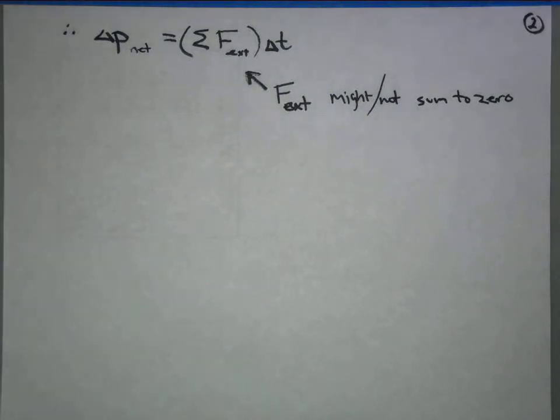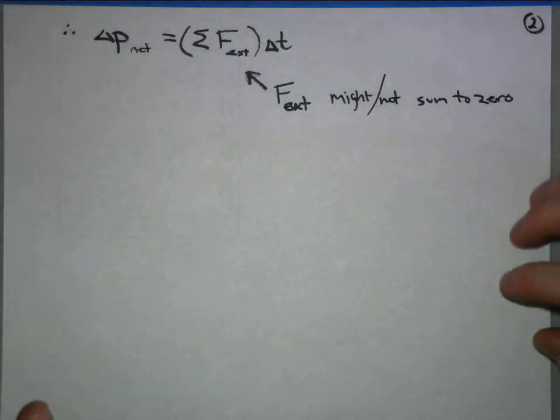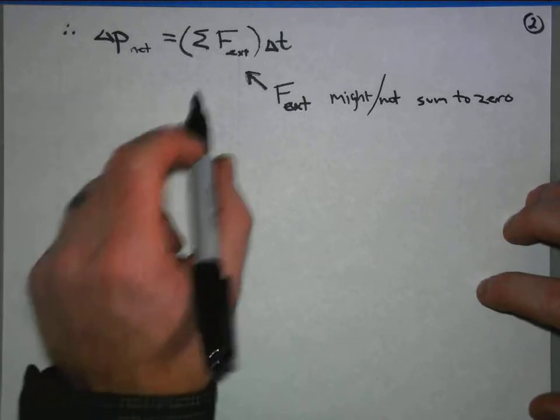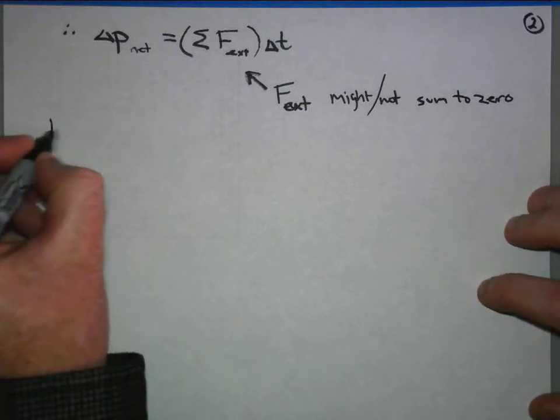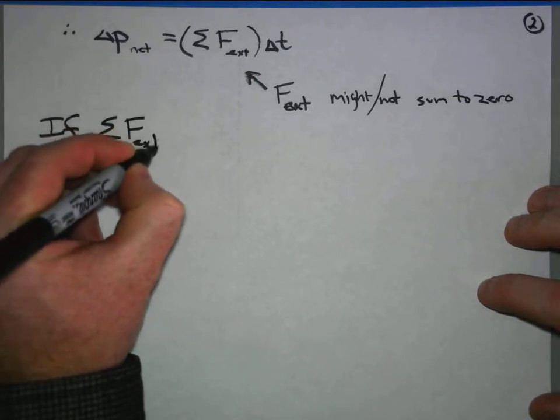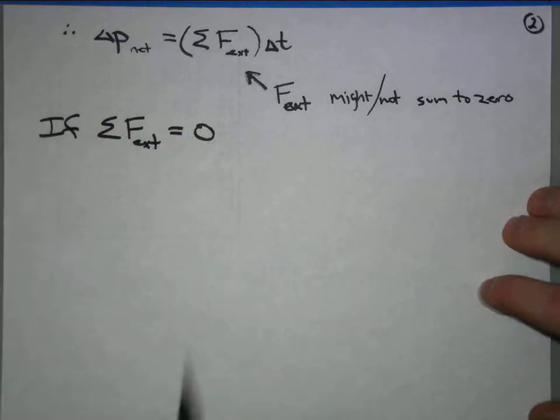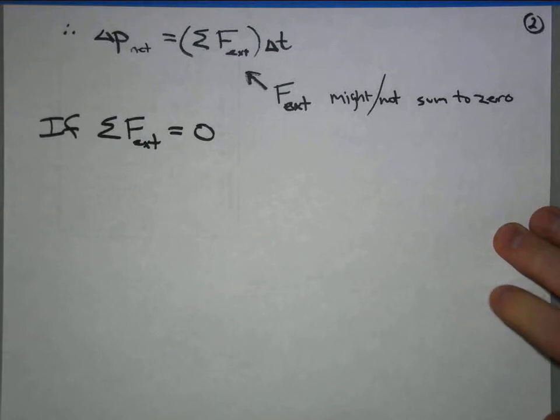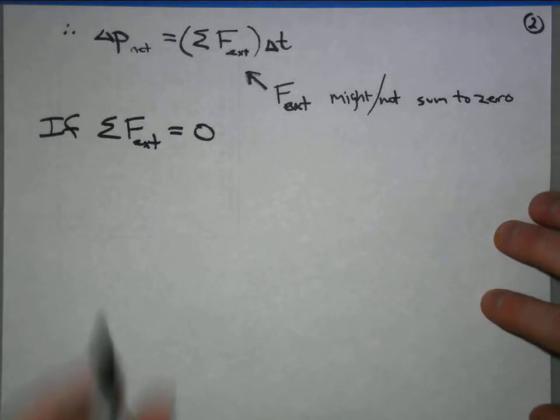So internal forces have no effect on a system. If the net external forces, or the sum of the external forces acting on a system, is zero, then the system's net momentum is conserved.